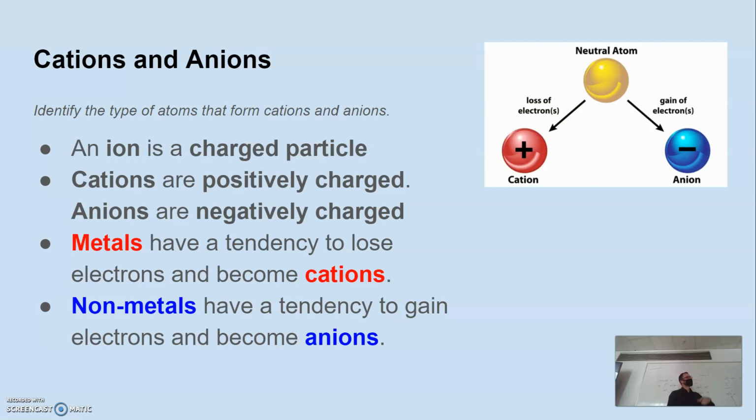I mentioned that idea of the octet. Oct means 8. 8 means stable when it comes to an atom. Non-metals will gain electrons. Electrons are negatively charged. So if we're gaining more negative, we become negative. If we lose negative, we become more positive. Does that make sense? Any questions on that? Good?